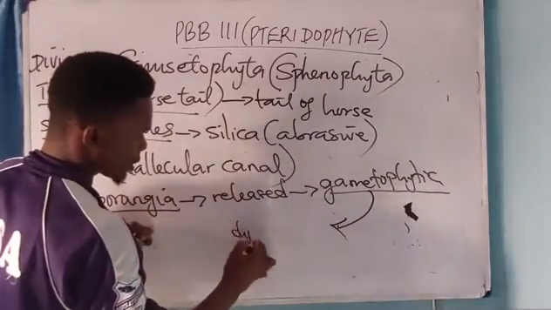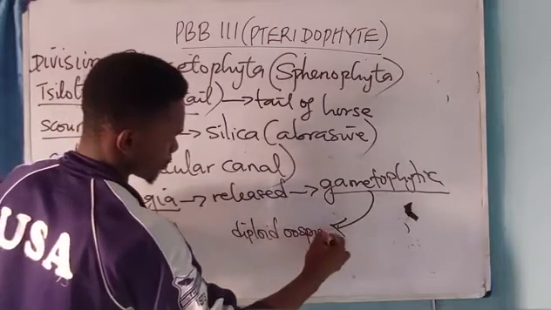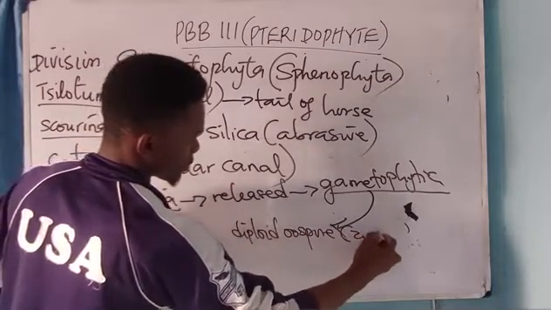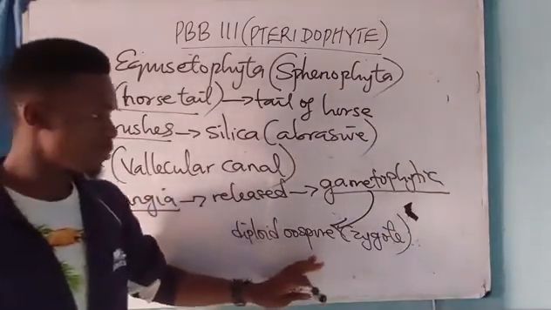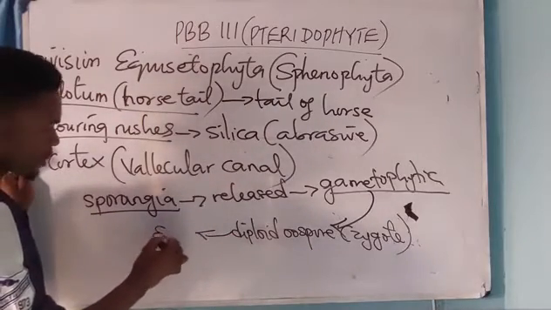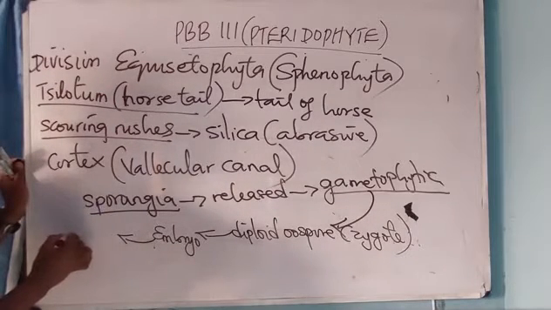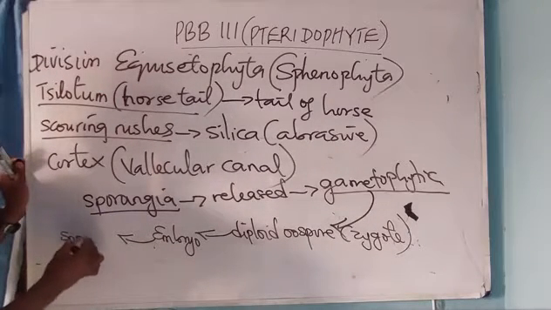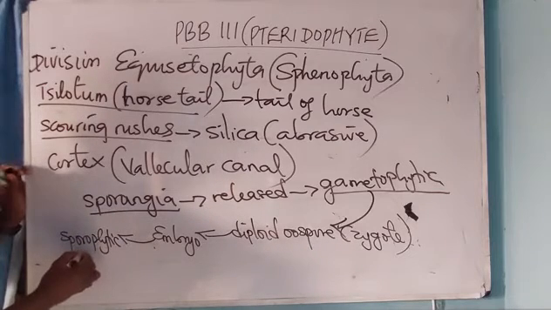The diploid oospore, or called what? Zygote. As soon as this diploid oospore or zygote is formed, it develops into what? The embryo. The embryo develops into what? The sporophytic stage.